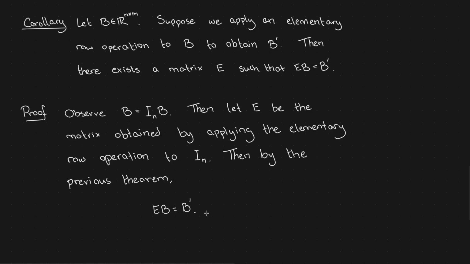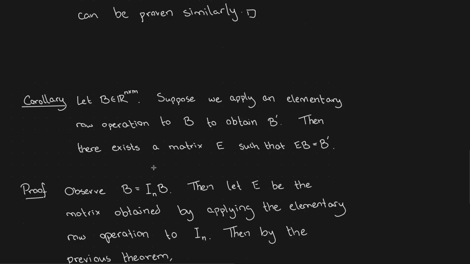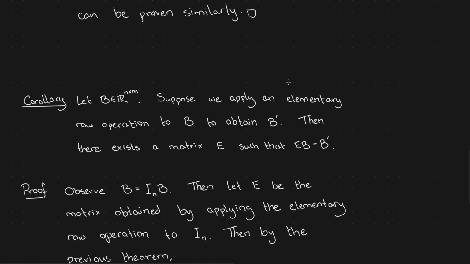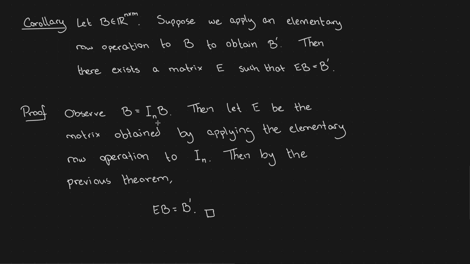And we're done. All right, so maybe that requires a little bit more explanation, but that is the thrust of it. We have a product here, just like we do in the original theorem. In the original theorem, it was a general matrix A. In our corollary, we've swapped out A for the identity matrix.